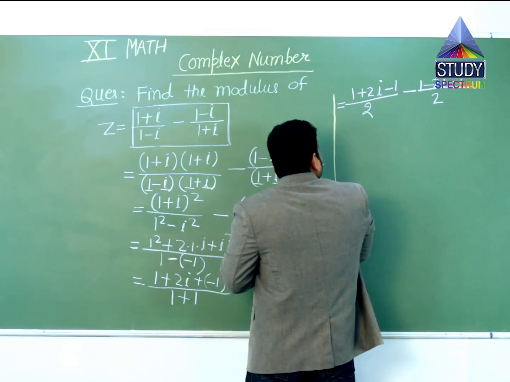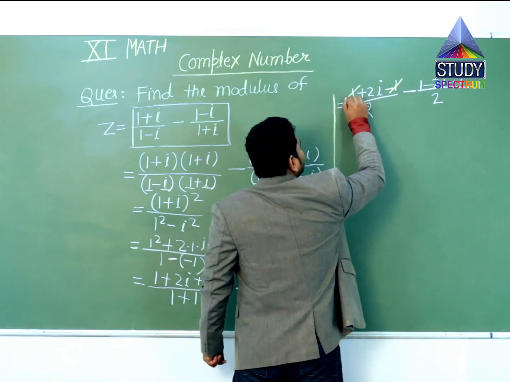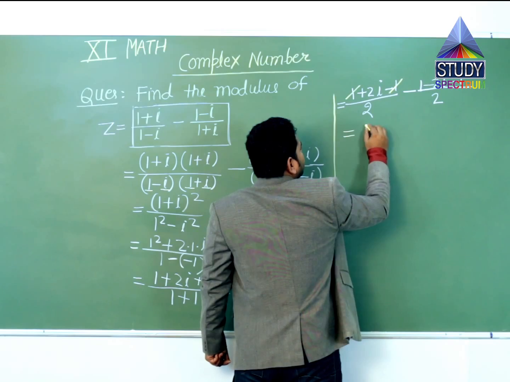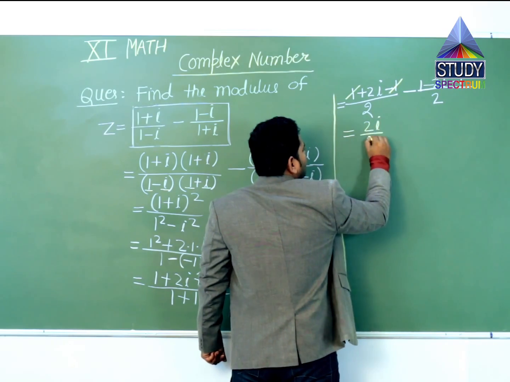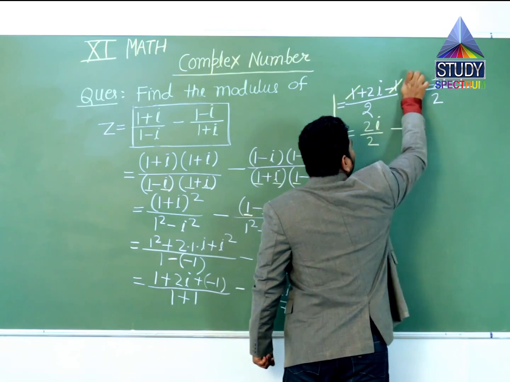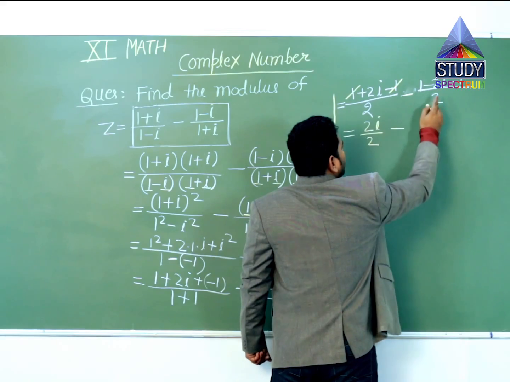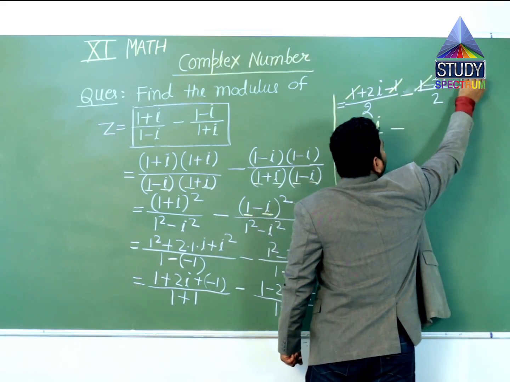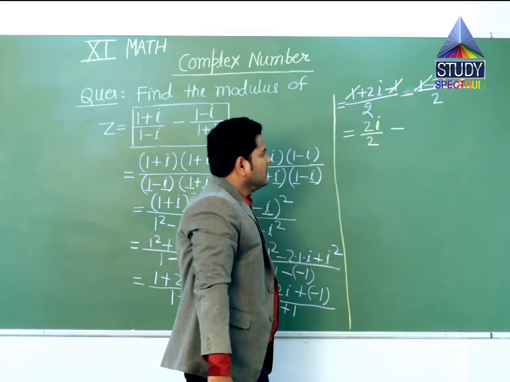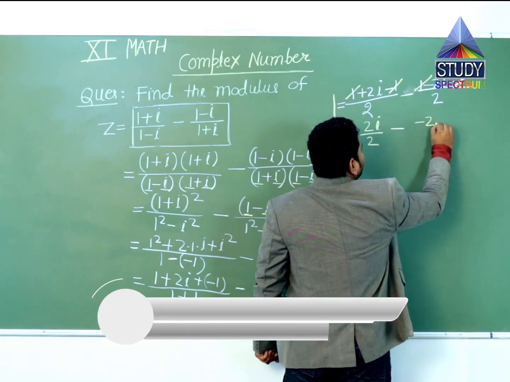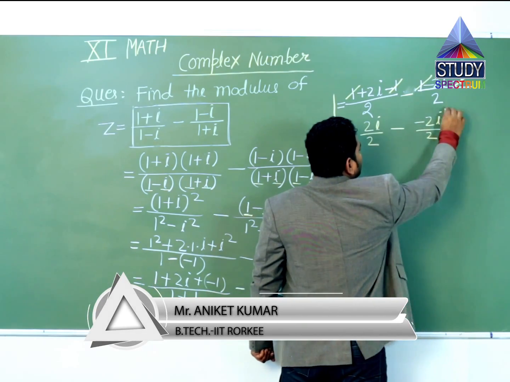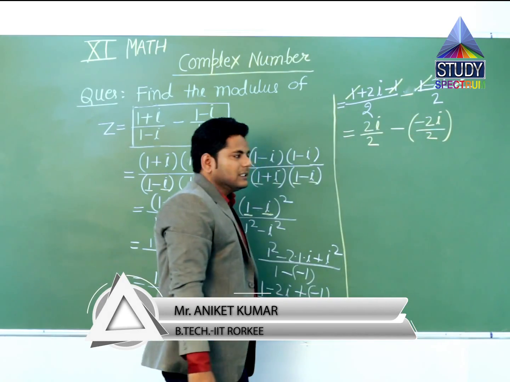So the 1 and −1 cancel out, and we are left with 2i upon 2, minus, and here it is −2i upon 2, since the plus 1 and minus 1 cancel out. Got it?